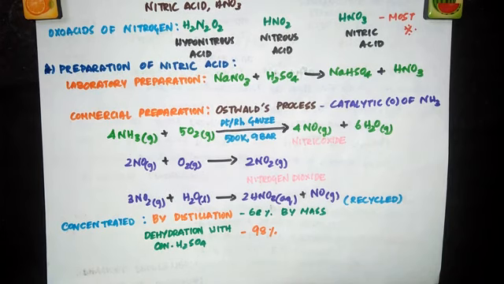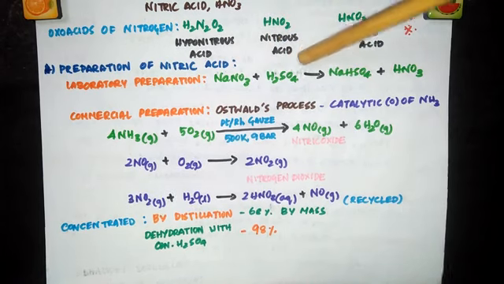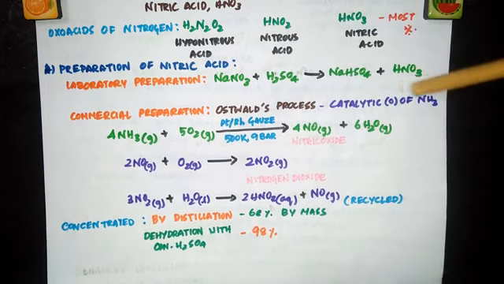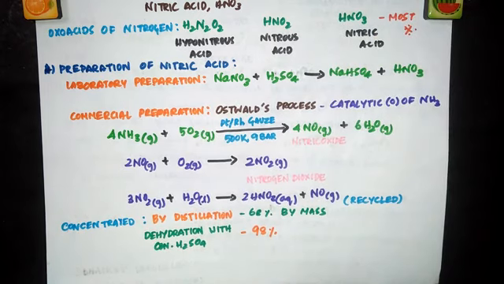So we use that glass retort to heat NaNO3 and sulfuric acid to prepare nitric acid. This is the reaction: NaNO3 plus H2SO4 upon heating gives you NaHSO4 plus HNO3, which is nitric acid. So this is the laboratory preparation of nitric acid.